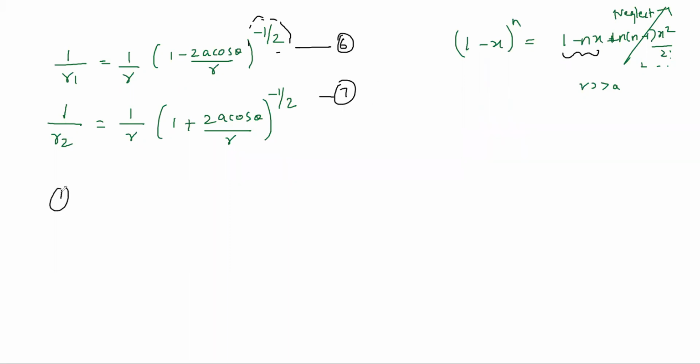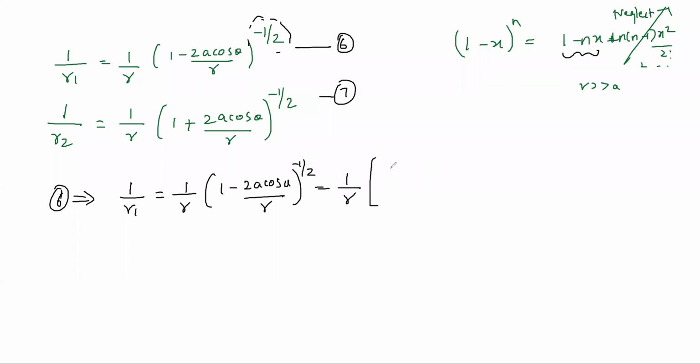So from equation number 6, we can write 1 by r1 equal to 1 by r into 1 minus 2a cos theta by r, the whole power minus 1 by 2. We can write it as 1 by r into 1 minus nx, so 1 minus, minus 1 by 2 into minus 2a cos theta by r. Because we have 1 minus nx and there is already a minus, it will become plus.